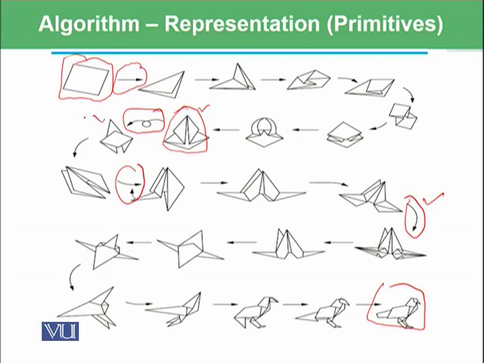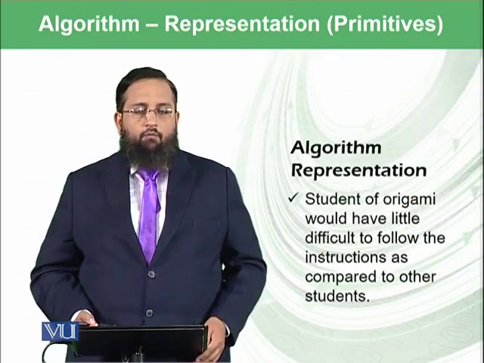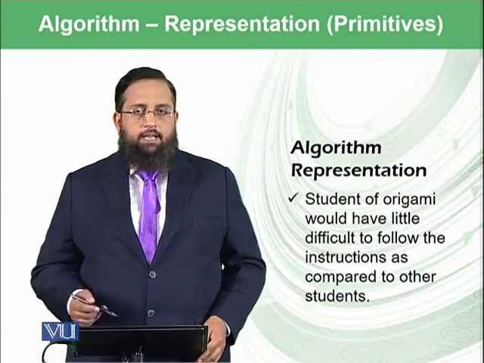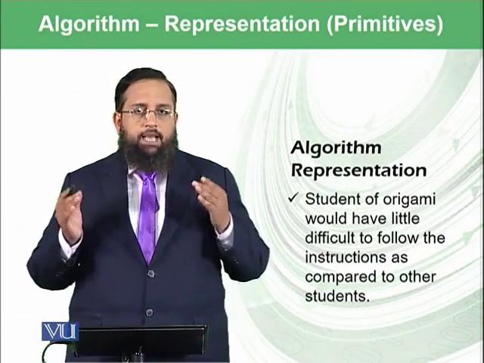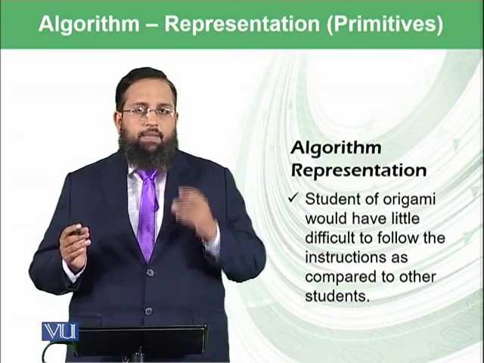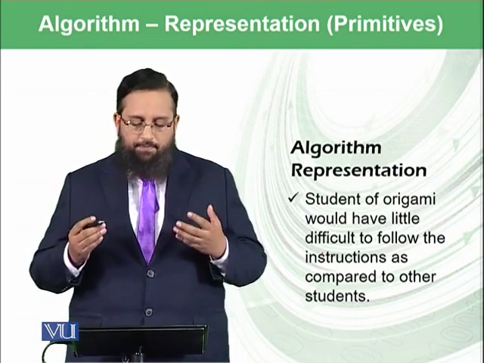So all of these constructs, the primitives, are being used by some students which are called origami students. This origami and its art, we will learn a little bit more in the next slides. This is a Japanese art of making pictures using paper.